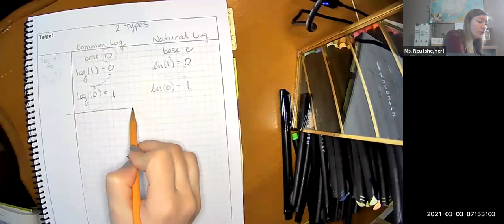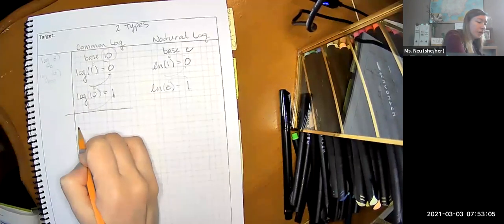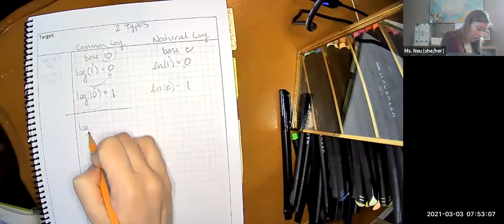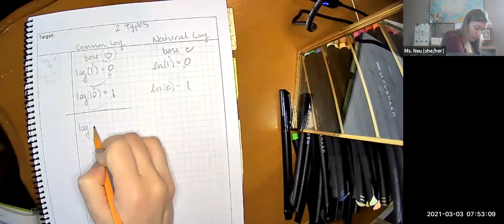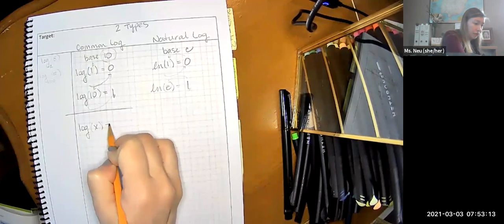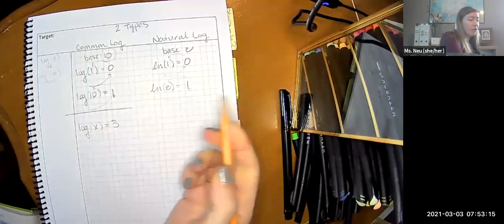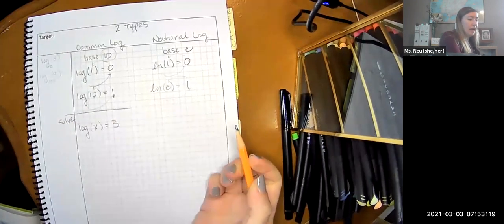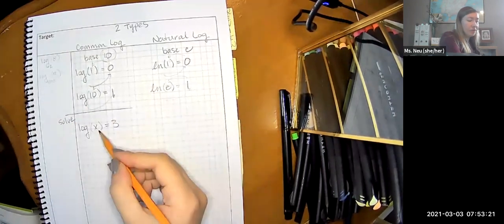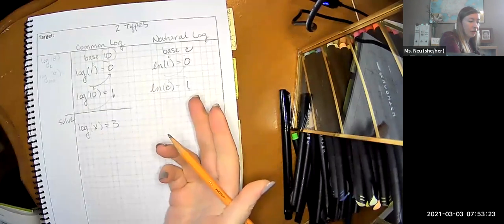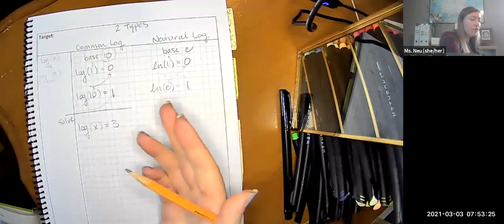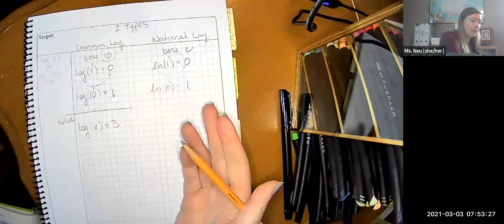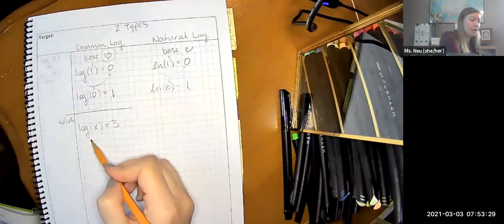Do an example base 10 style, right? So log of x equals 3. Now I want you to solve this for x. Just looking at it, what am I talking about here? But if we think about it using the rewrite, we know this is base 10 because it's not written.